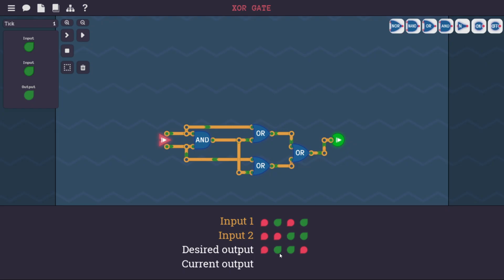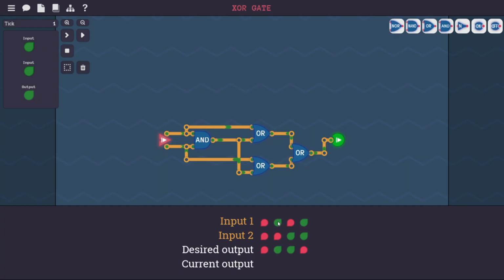So it says A naught, which means A inverted, and this is times, which is same as AND, B. We've said input 1 is A, input 2 is B. So A naught times B, which is true, plus is an OR gate.